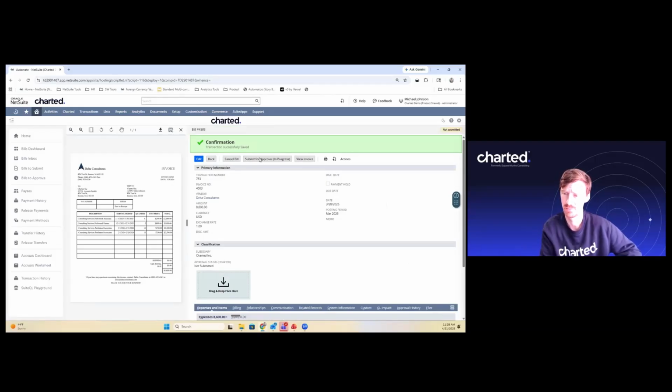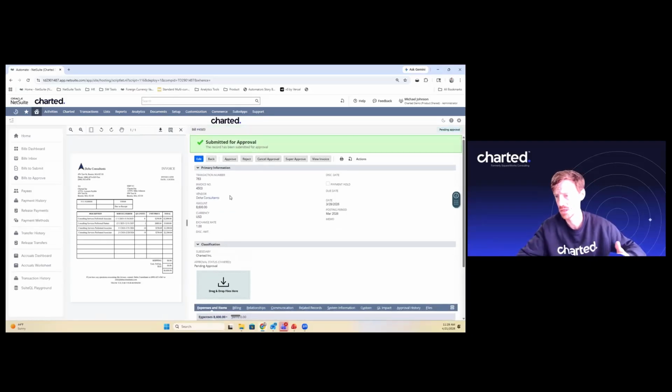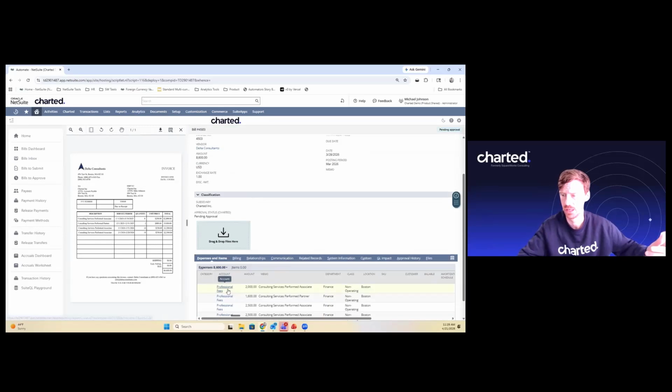So we can do things like, hey, this vendor routes to a particular user, but we can also do a lot more complex approval processes as well, right? One of the things that a lot of our customers come to us for is what we call matrix-based approvals. So let's say you have a pretty complex approval process, and if the bill is for this department and for this subsidiary, we want it to route to a particular approver.